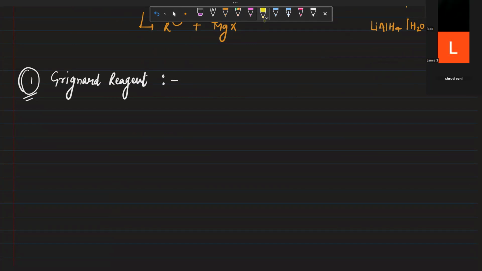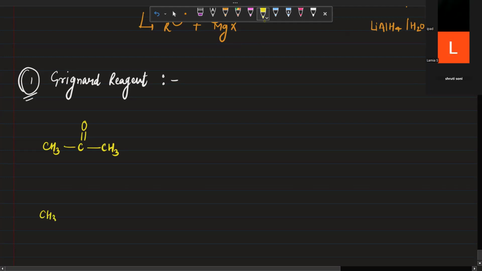Any carbonyl group. Let's suppose I'm taking CH3, C double bond O, and CH3. This is a carbonyl group, yes or no? Do you know what sort of functional group it is? There's aldehyde and ketone, right? So I think this one is ketone. Yes, very good. This is ketone.